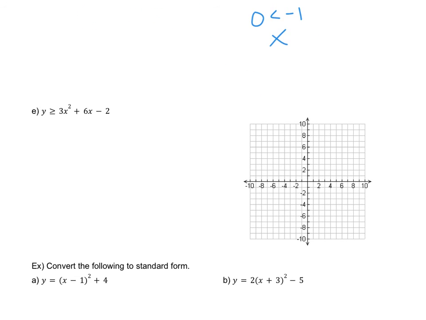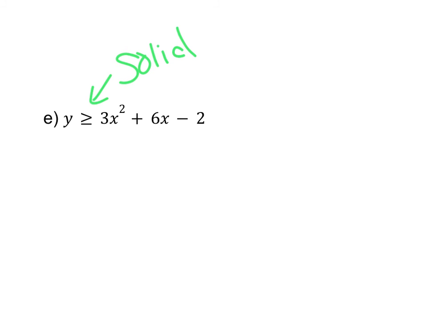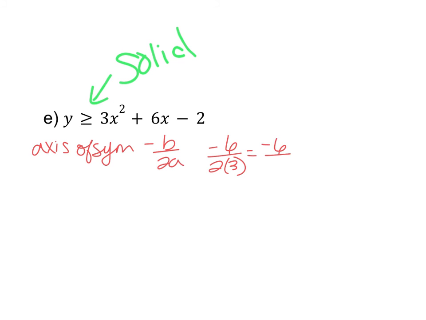This one is another inequality, same thing, but this time it is a solid line. Okay, so find your axis of symmetry. And it would be negative b over 2a, so negative 6 over 2 times 3, which would be negative 6 over 6, which is negative 1.